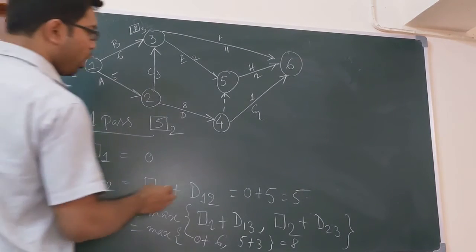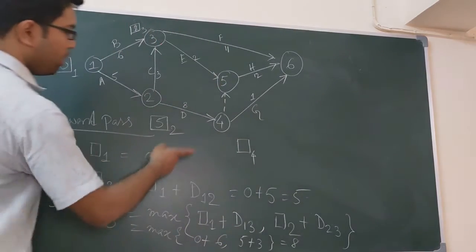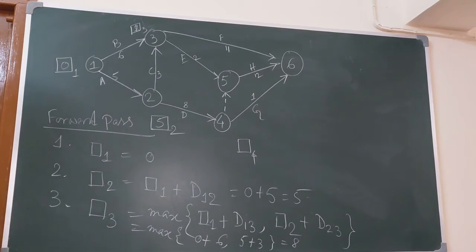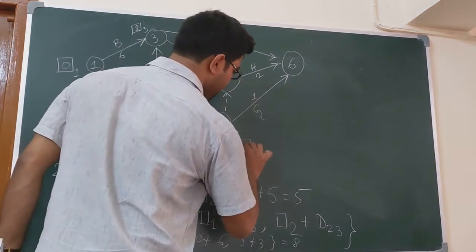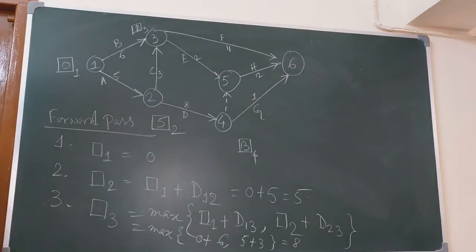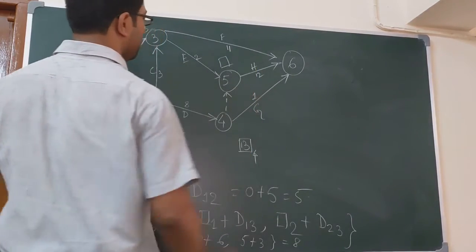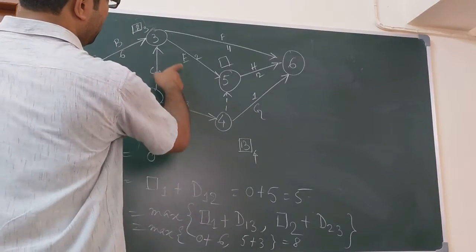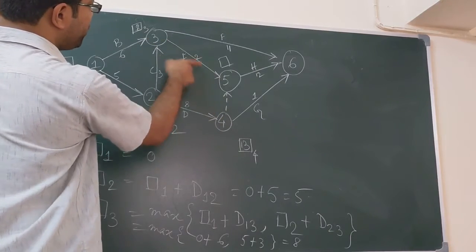Similarly, we can compute box 4. Box 4 is 5 plus 8, that is 13. Okay, so this is your 13. Okay, now 5. What is box 5? It has two incoming edges from 4 to 5 and 3 to 5.